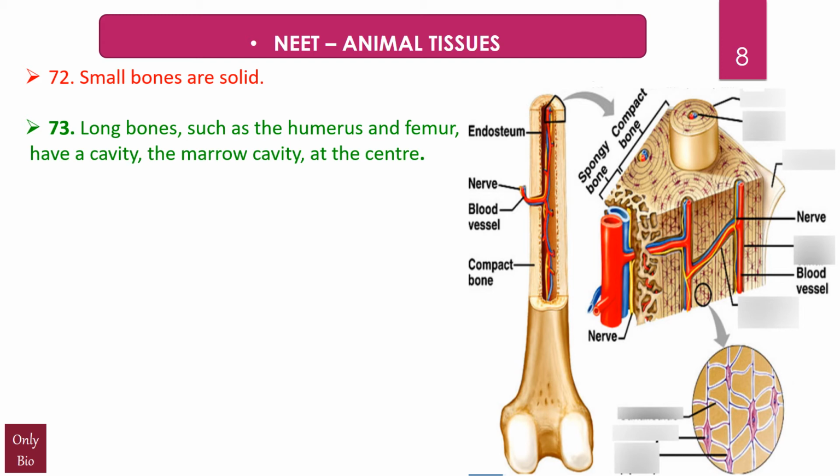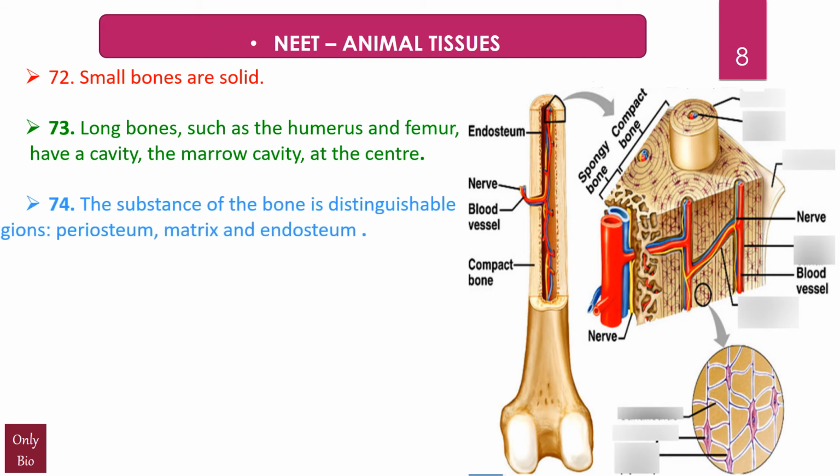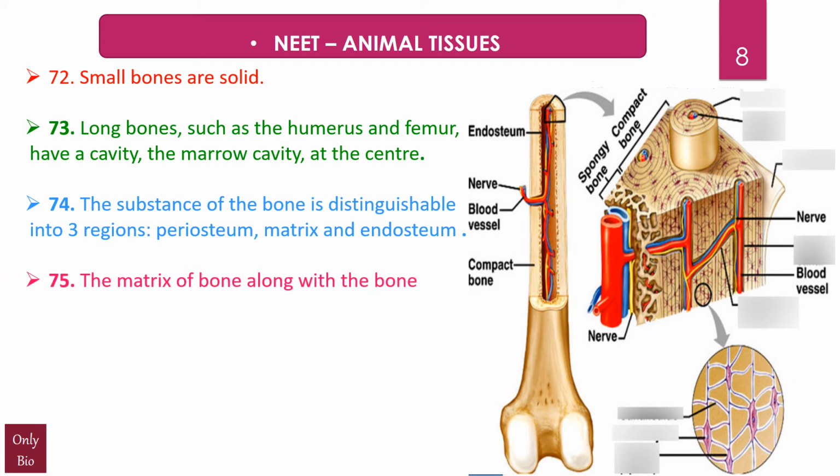On the right hand side of the screen, please zoom in. You can see a beautiful picture of the bone. The substance of the bone is distinguishable into three regions, namely periosteum, matrix, and endosteum.